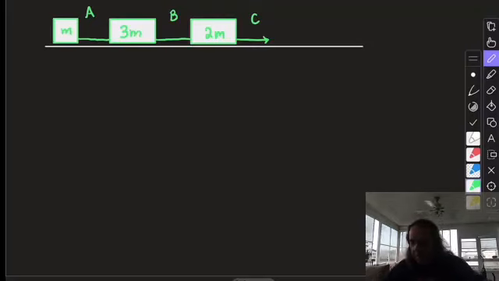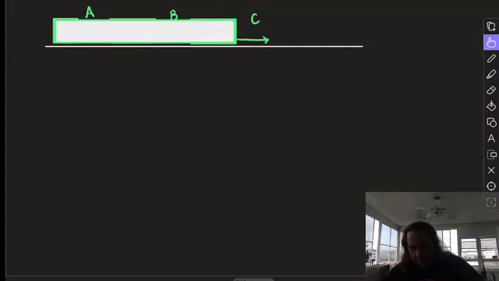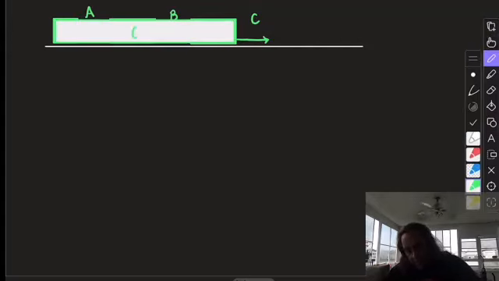And although string B doesn't pull on box M, there is a tension in this direction on the 3M box that occurs because of box M. Just like there's a tension on the 2M box that occurs because of box 3M, and consequently because of box M. In fact, from the standpoint of C, it's just one big box behind it, an entire system of mass 6M.